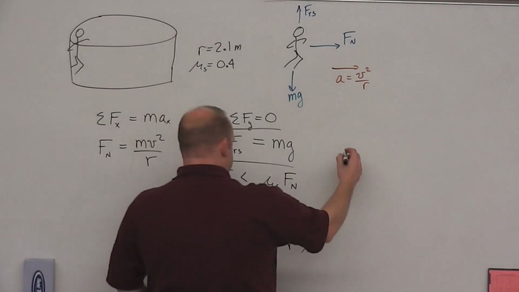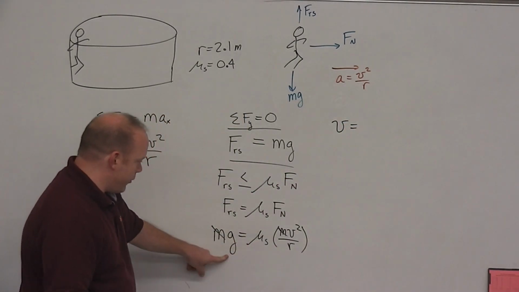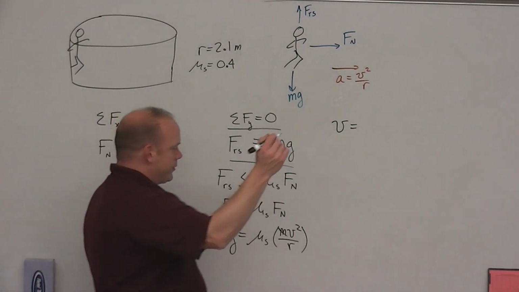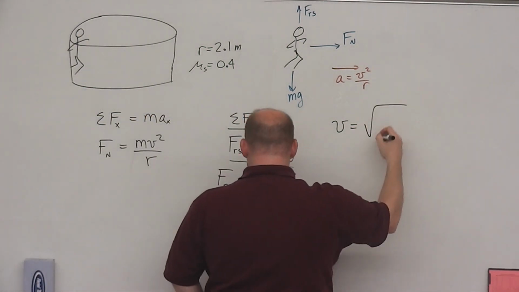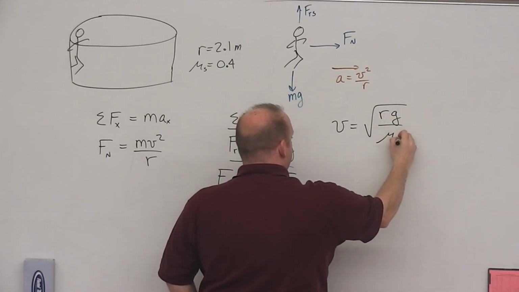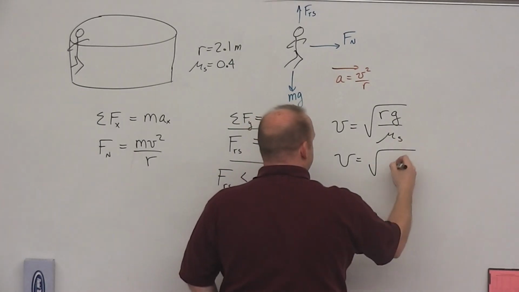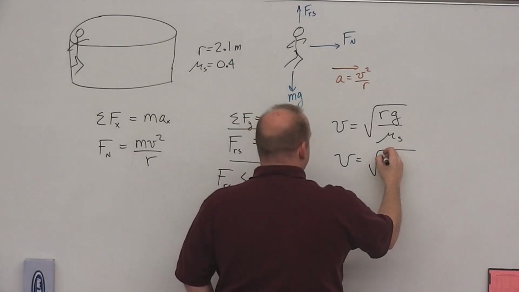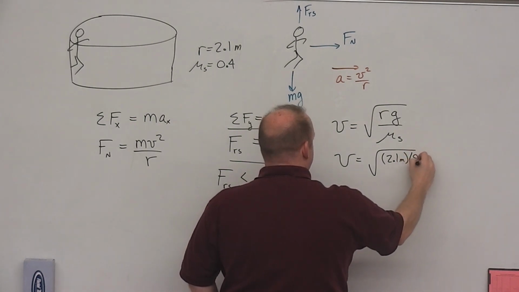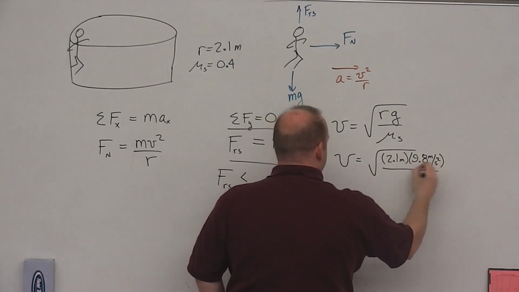I wind up with v is equal to, multiply both sides by r, divide both sides by μs, take the square root, rg over μs. So v is equal to, in this particular case, 2.1 meters, 9.8 meters per second squared, μs is 0.4.